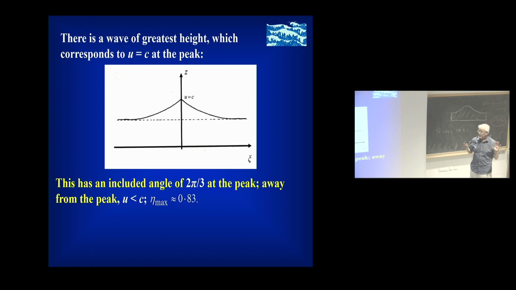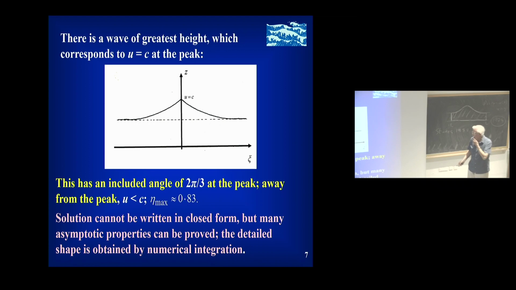But bear in mind, in the background is a lot more information and a lot more is known about these waves. It can't be written in closed form. But there are quite a lot of asymptotic properties locally at the top, not necessarily the highest wave, and of course in the tails. Very easily done.